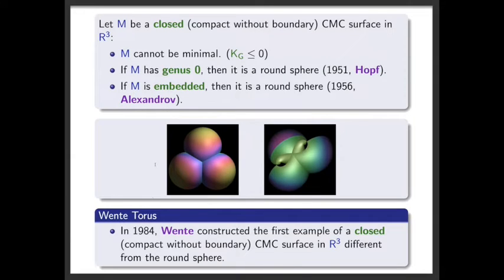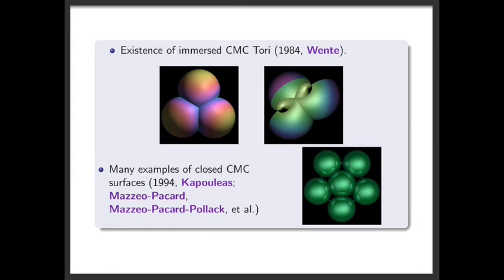This is called the Wente torus, and it cannot be embedded because of Alexandrov's result, and it cannot be genus 0 because of Hopf's result. After this example there are actually many more examples, starting with Kapouleas in 1994, and then Mazzeo-Pacard, Pollack, many examples now.